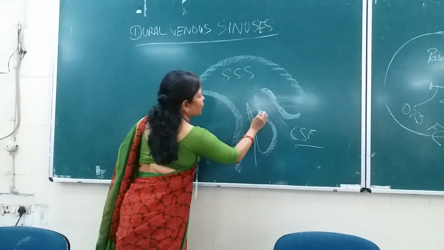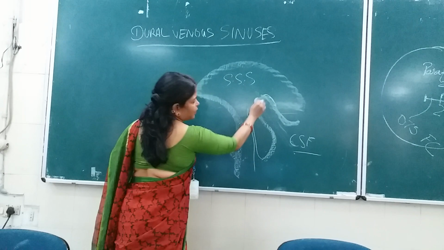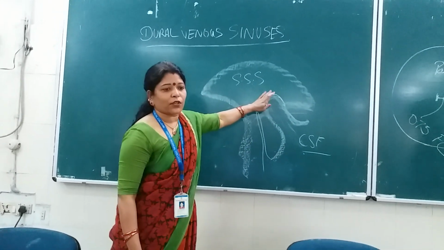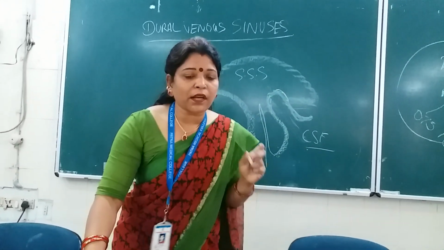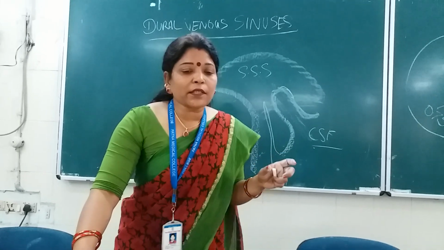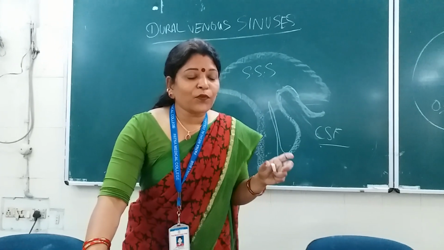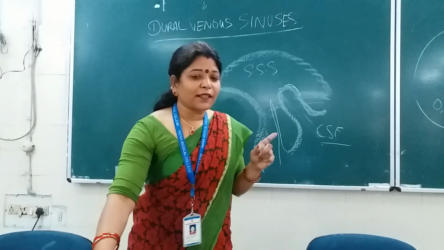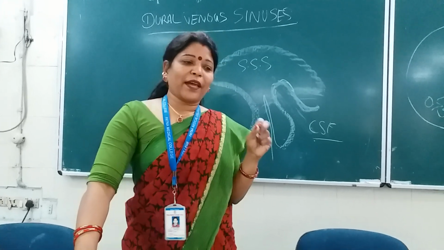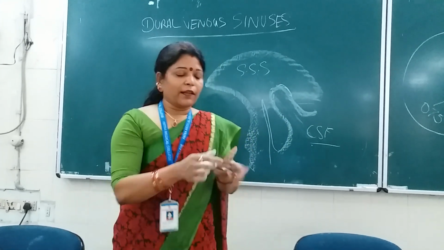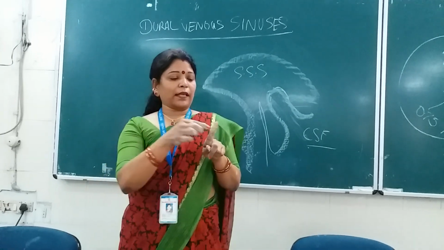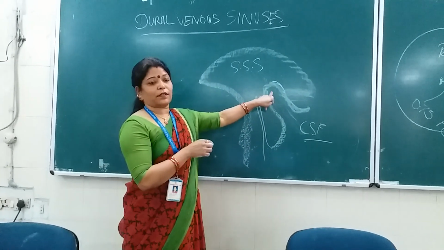So this globular pattern, what is this? This is arachnoid granulations. It is made up of which layer of the meninges? Very good. That is arachnoid mater.